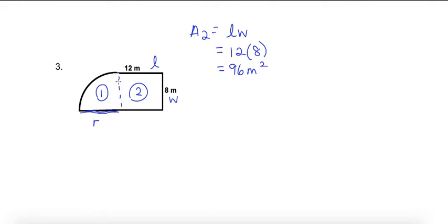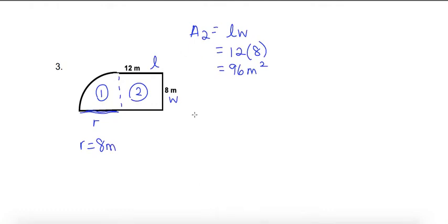So we have to figure out what the radius of the circle is going to be. Well, because the radius of the circle is going to be the same as the radius up here, the radius of my circle is 8 meters.